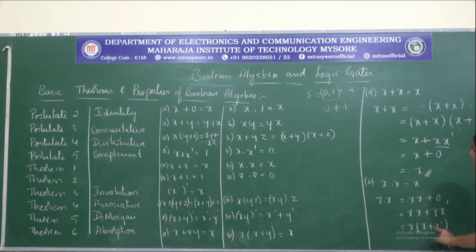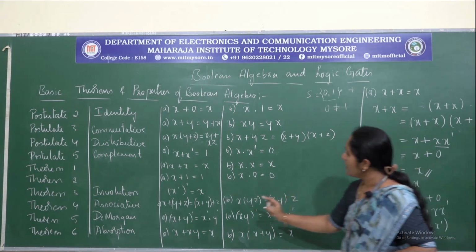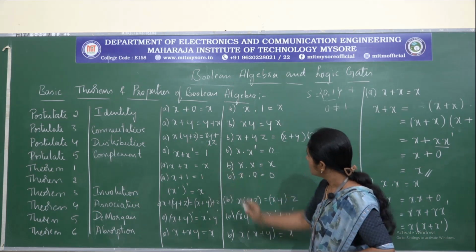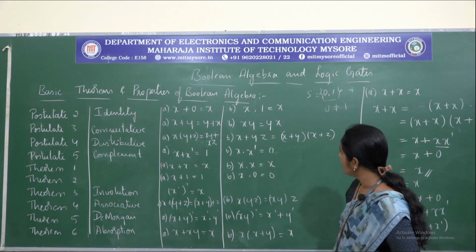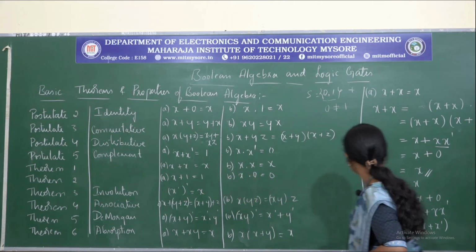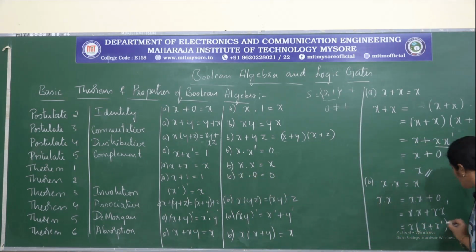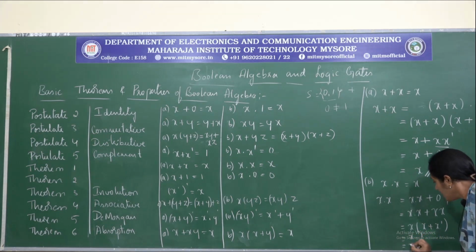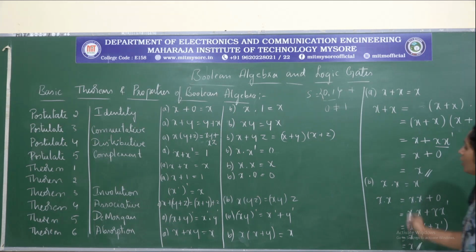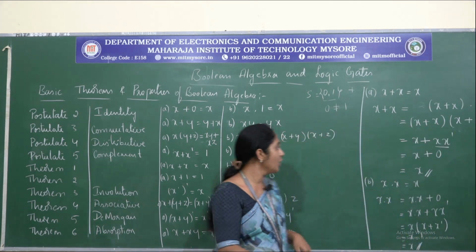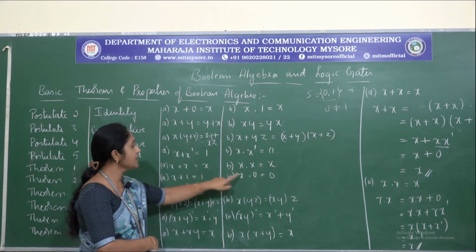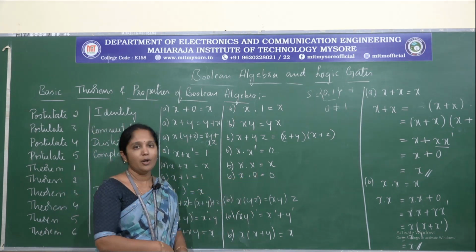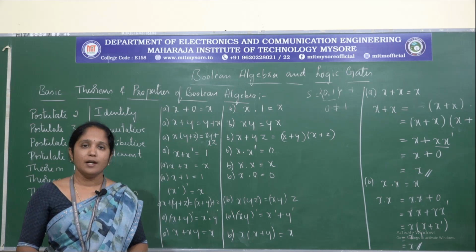Whereas here we have x plus x dash, and x plus x dash is equal to 1. Therefore this becomes x dot 1, which is equal to x. Therefore theorem 1 is proved. We can say x plus x is equal to x and x dot x is equal to x. So this is the proof for theorem 1.